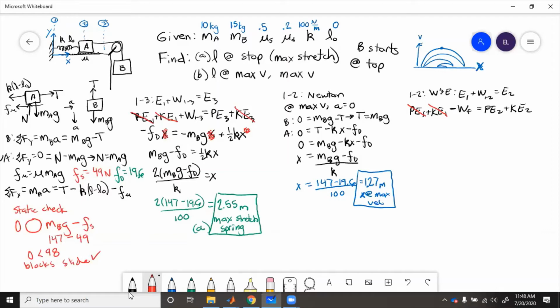Well, at say 2, they're going to have potential because B has fallen some and the spring has stretched. And then we'll have kinetic because A and B are both moving at max speed.